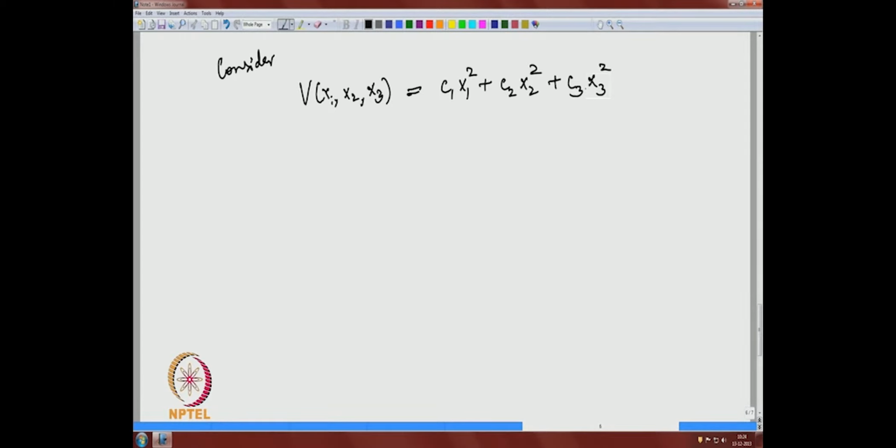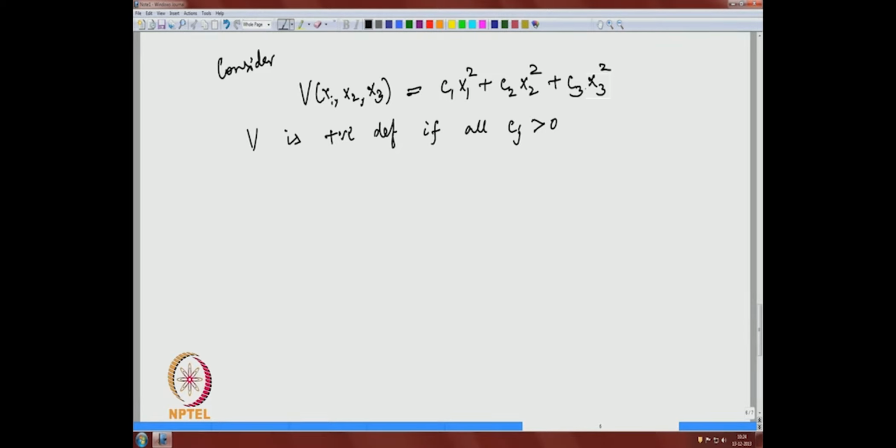So, V will be positive definite if all Cj's are positive. You can also check by the Sylvester criterion.